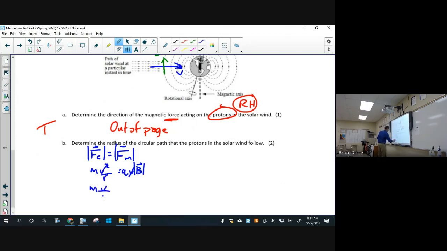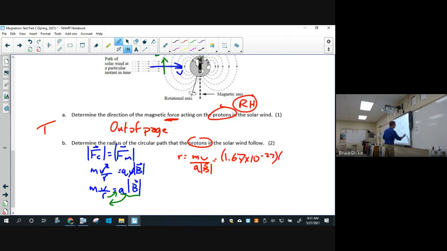I get mv over r equals q times B. Solving for r, the r goes up by multiplying, and the qB goes down by dividing. It becomes r is equal to mv over qB. The mass, because we're talking about protons here, is 1.67 times 10 to the minus 27. The speed is given to me as 8 times 10 to the 5.